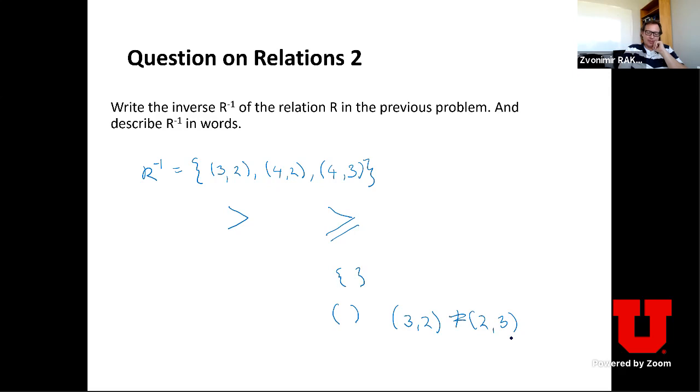The order of elements matters in pairs. When you have a set, the order of elements does not matter, so this set is actually equal to this set. Make sure to remember this. For tuples, pairs, and so on, the order matters. For sets, the way you list the elements, the order doesn't matter.